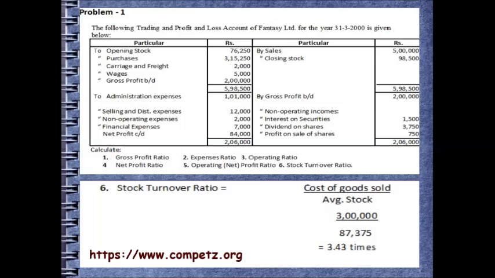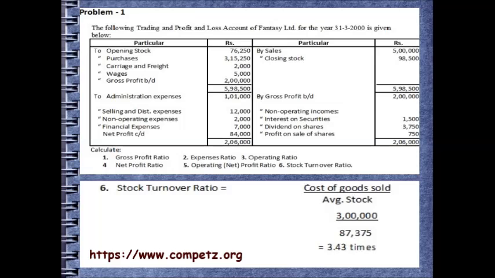Cost of goods sold: we have added opening stock 76,250 plus your purchases 3,15,250 plus your carriage and freight 2,000 plus wages 5,000 minus your closing stock 98,500.